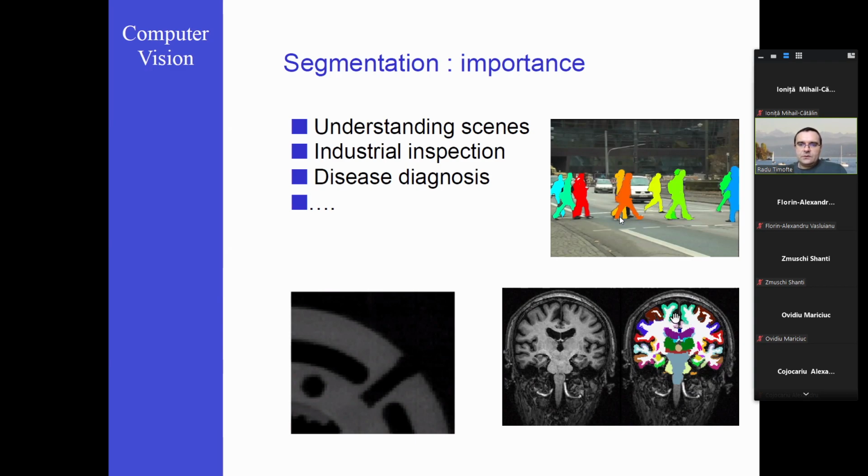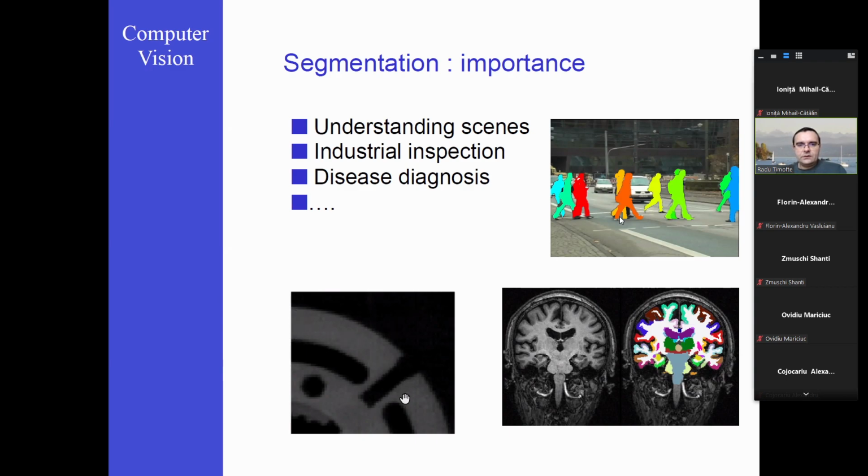We can also do segmentation of medical imagery, where we segment some internal organs. Maybe the brain, or parts of the brain, and then based on these segmented regions, the doctor could take some decisions, or we can provide some estimates on those segmented organs or regions.